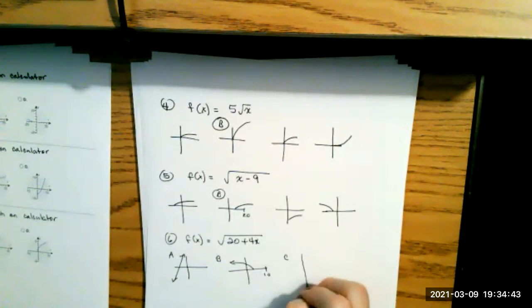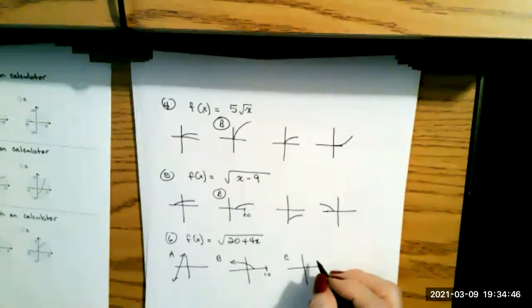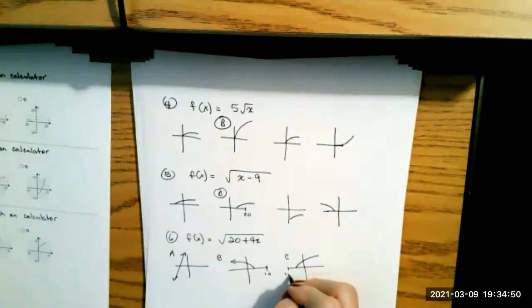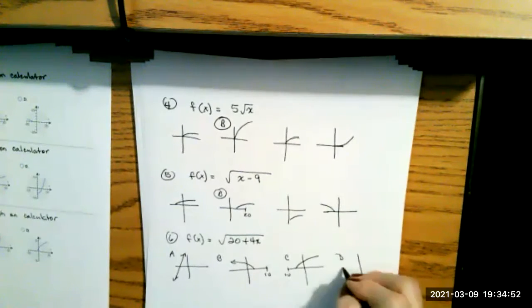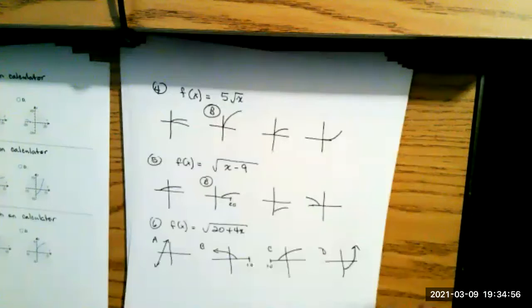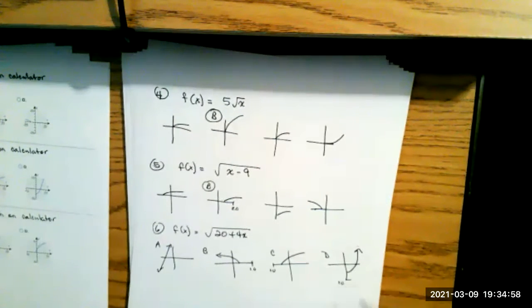C looks like a graph that goes this way, and this number over here is 10. And D looks like a graph that comes up this way, and that's 10 that's down here. So which one do you think it is?